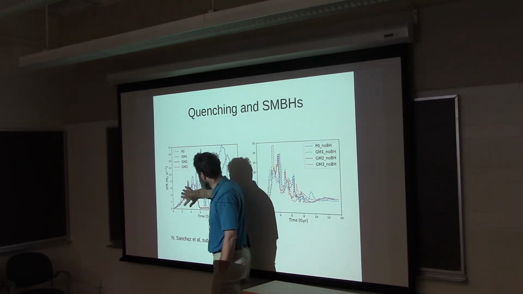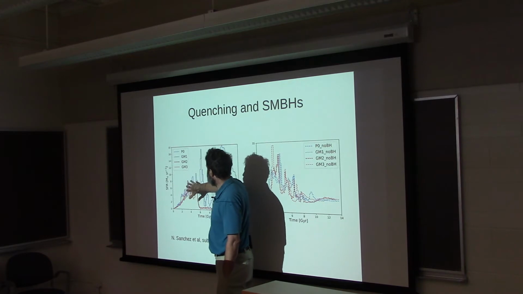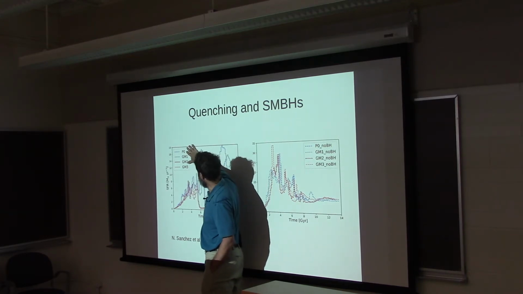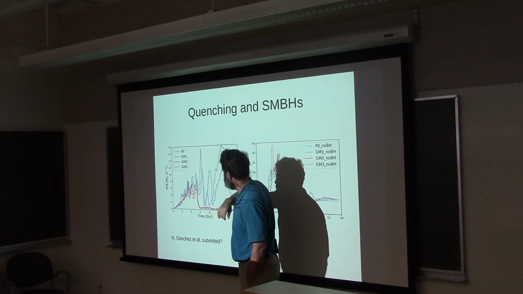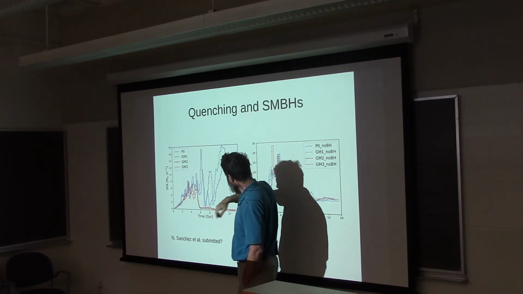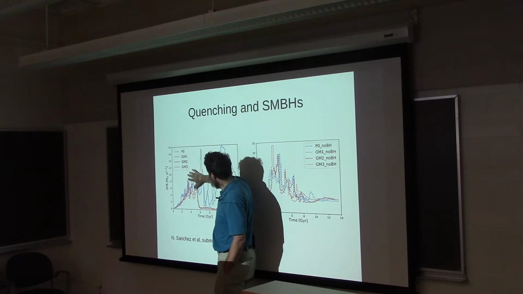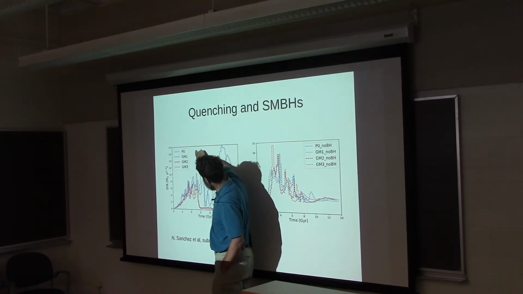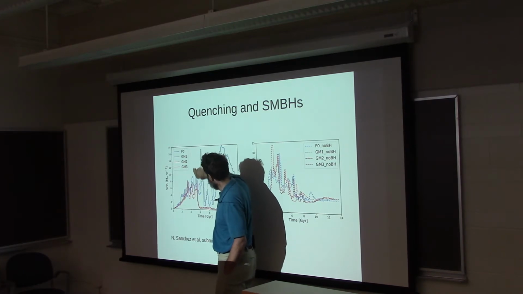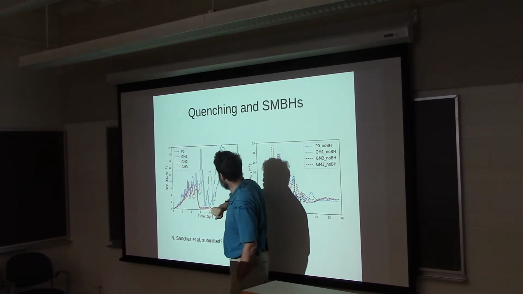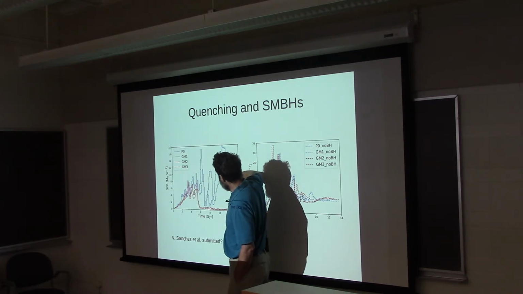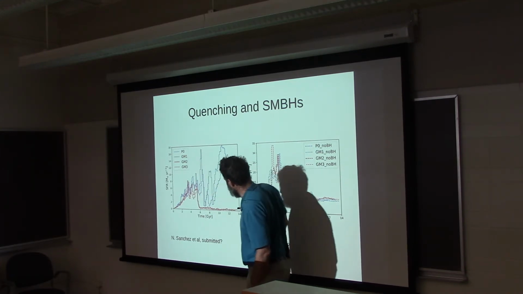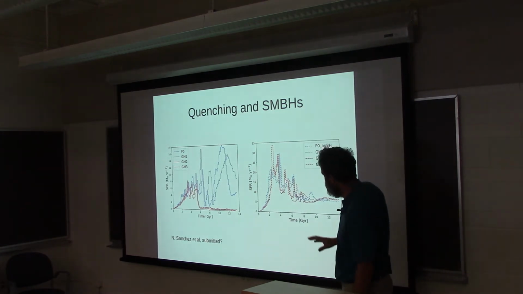So here's a star formation history of a series of galaxies. This is patient 0. And we've modified, again, the size of one of the satellites coming in. And as we modify the satellite, the merger happens at about this time. And so depending on the size of the merger, we get this change in star formation history from galaxies that continue to form stars to galaxies that are quenched.